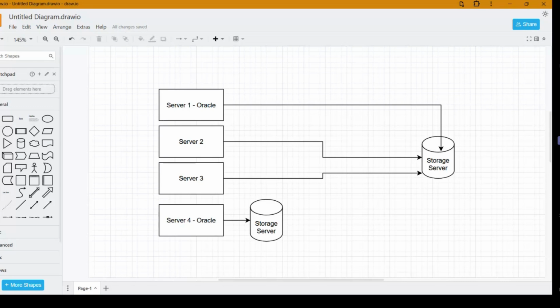vMotion is available not only in 5 point, it is available every time. But the problem is that we say the VM cannot move. That's the issue. But every cluster has different storage.